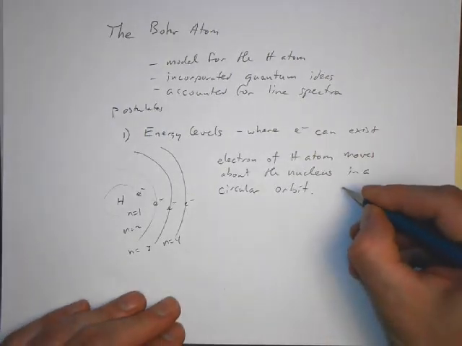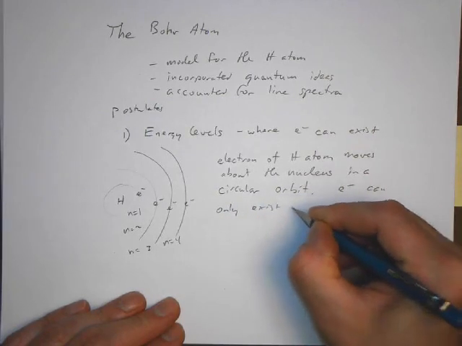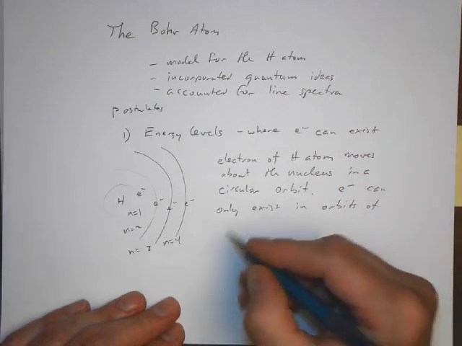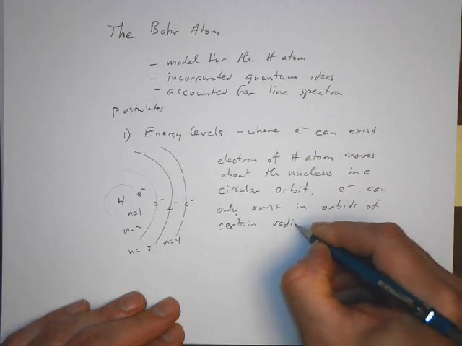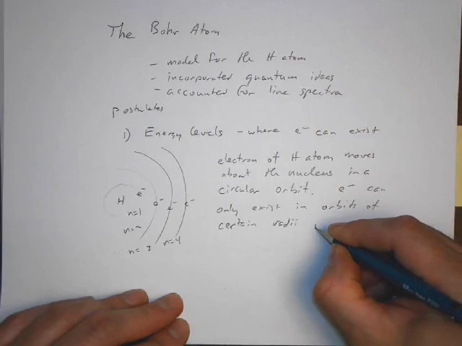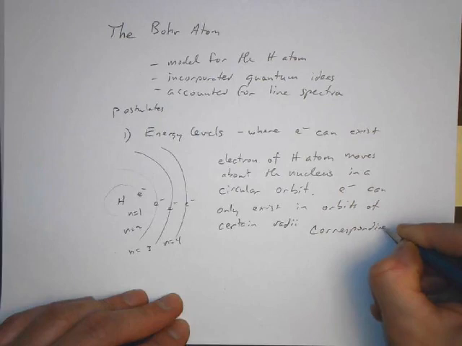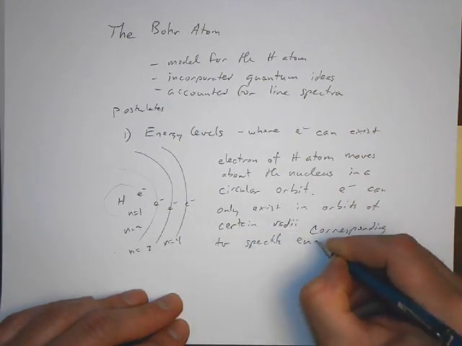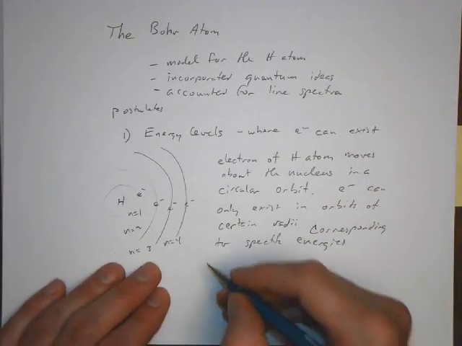The electron can only exist in orbits of certain radii, which correspond to specific energies. And the energies are described by this quantum number n.